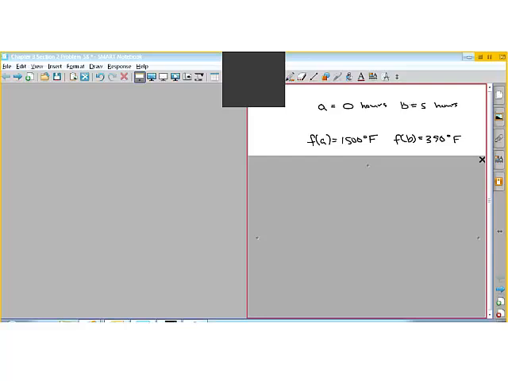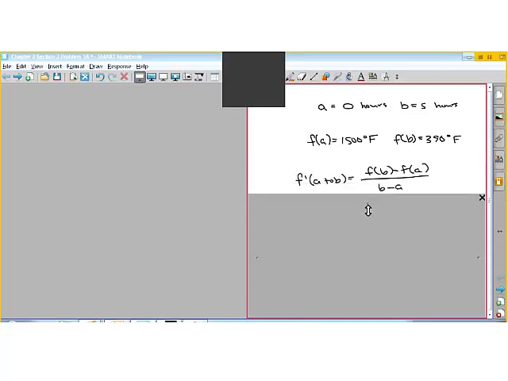So the mean value theorem says that if you take the average slope of this line, which would be this minus that, divided by that minus that, then there should be some point in that interval where that value is reached. In this particular problem, they're specifically asking for that.